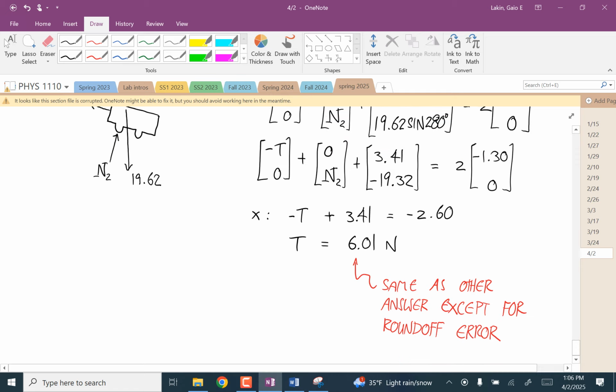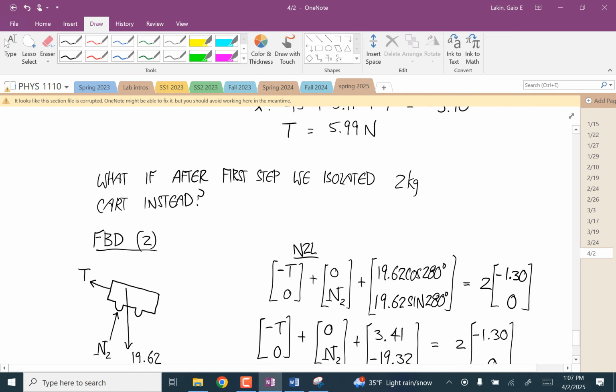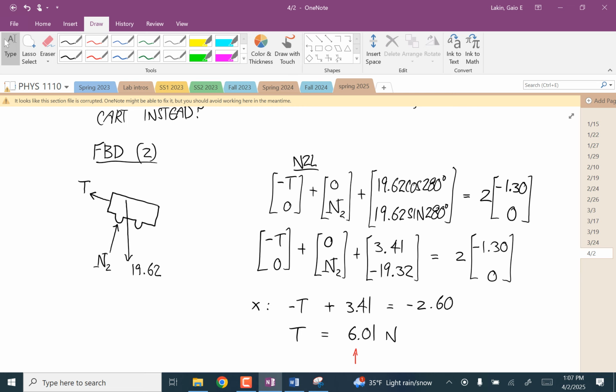Okay, so I asked this question before, like, how does it know? Like, how is it that this cart 2 knows that there's that 15 newton force? You know what I mean? Because it doesn't appear here. How does it come into the math?